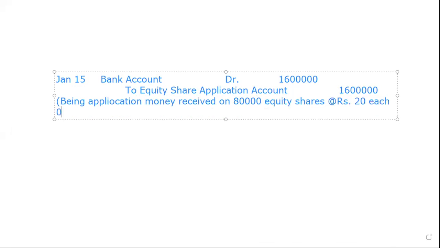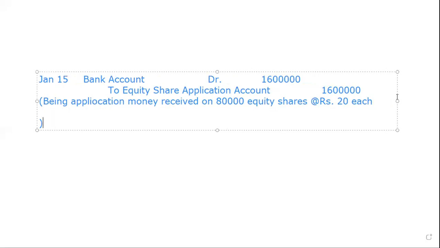This is how you write your first entry. This is your format when you receive your application money, and you write your first entry like bank account debited to equity share application account.